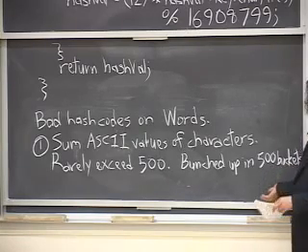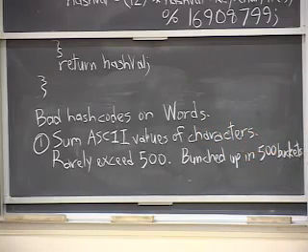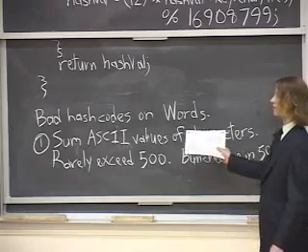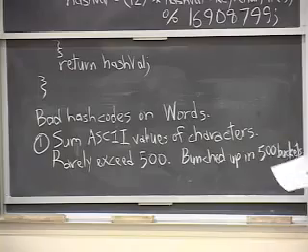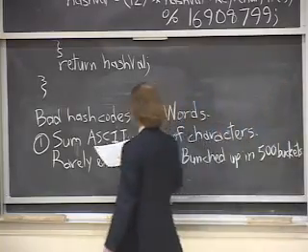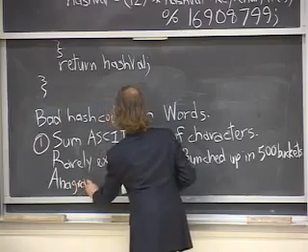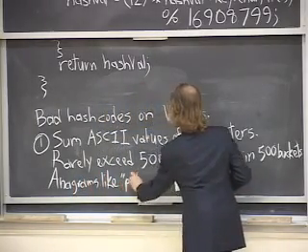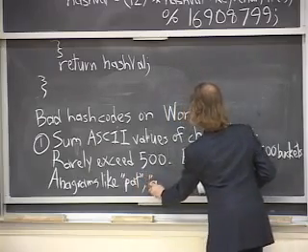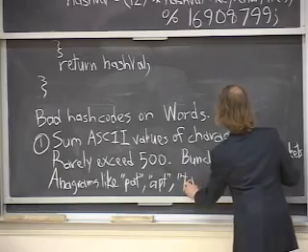Another thing to think of is that, in general, adding things together like this is just a bad strategy because it doesn't depend on the order in which those things occur. So, for instance, anagrams will always collide in this scheme. And it's very common in English or any language to have lots of words that have the same letters.